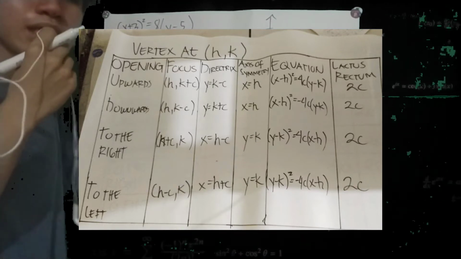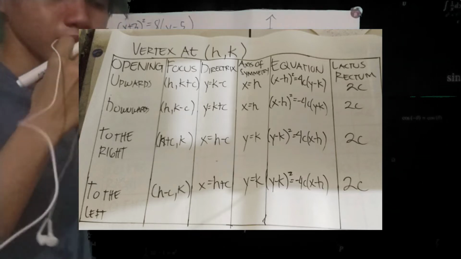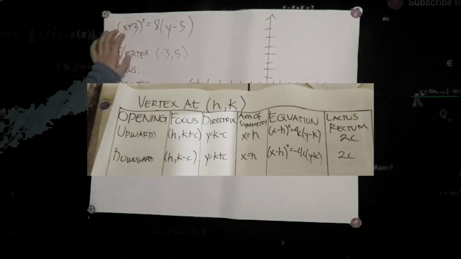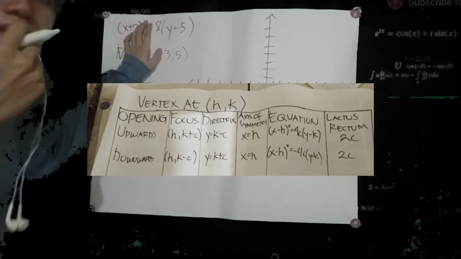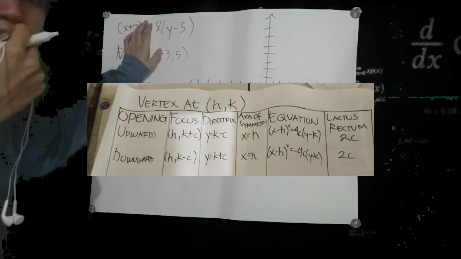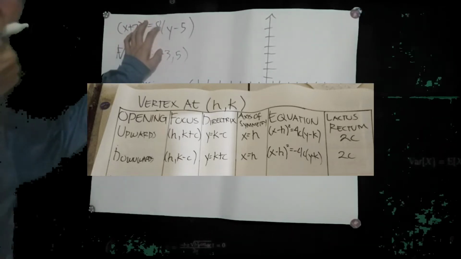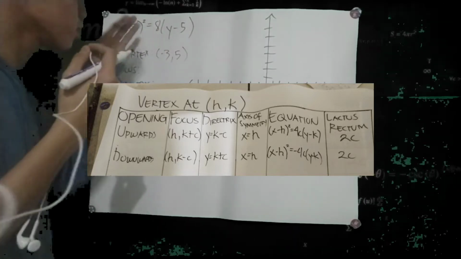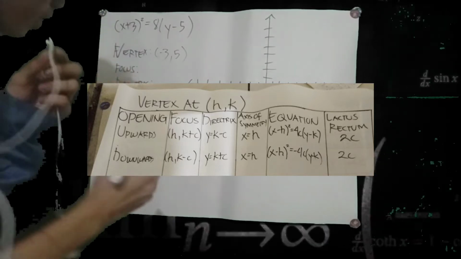It's X. So i-eliminate na natin yung mga nagsisimula sa Y. So titira na lang sa options natin is upwards and downwards. And titingnan naman natin yung nasa gitna. Is it greater than 0 or mas mababa sa 0? It's greater than 0 kasi walang negative sign. So ang opening ng parabola nito is upwards.